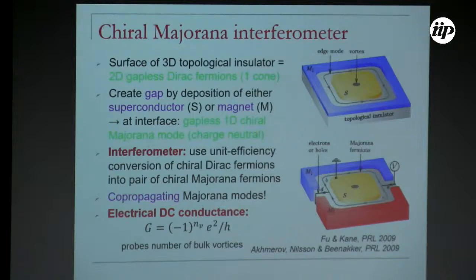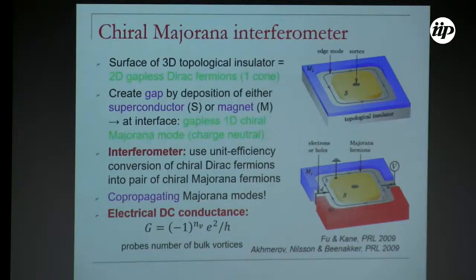So let's consider a system where we have a three-dimensional topological insulator like bismuth selenide. It has a bulk gap, but on the surface these topological insulators have Dirac fermions, a single cone of massless Dirac fermions. And these Dirac fermions have been seen in many, many experiments by ARPES, by transport, so there's no doubt they are there.